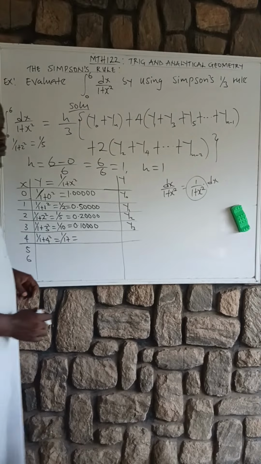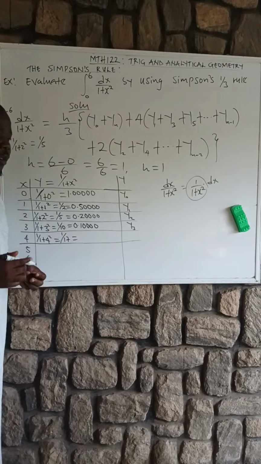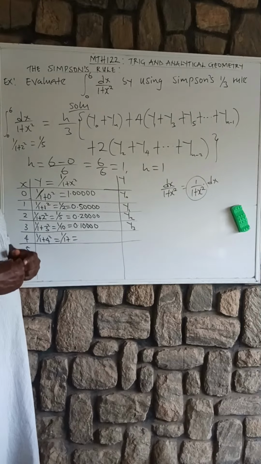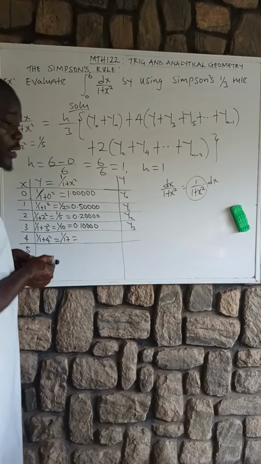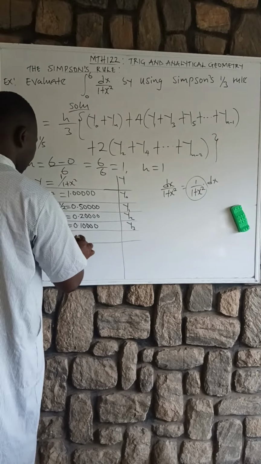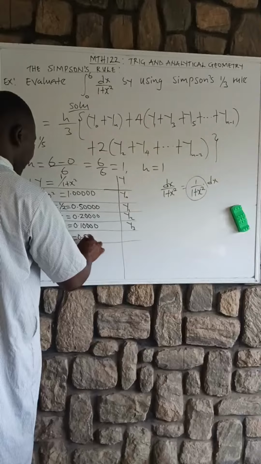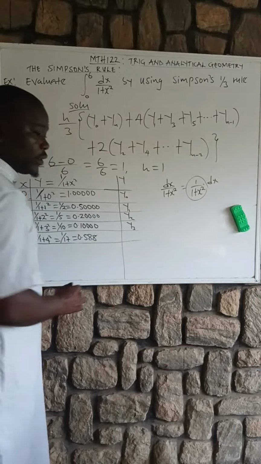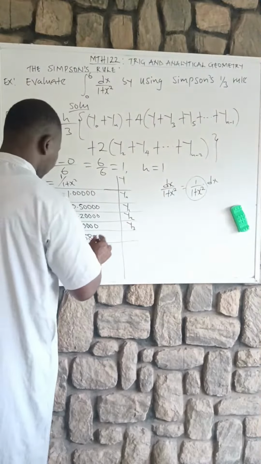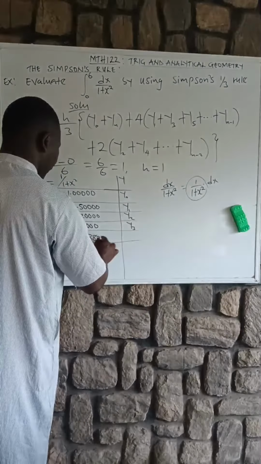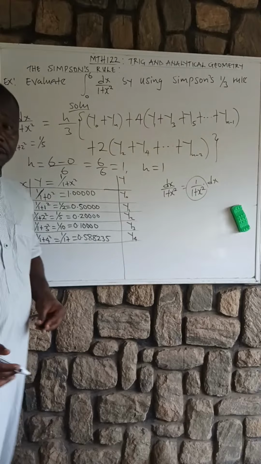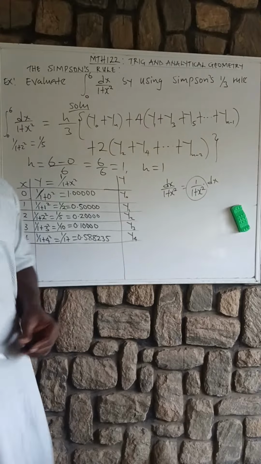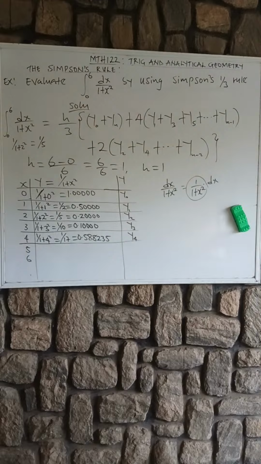So what should be the answer? You are supposed to have 0.0588235. Press your calculator. This is y4. Any question?